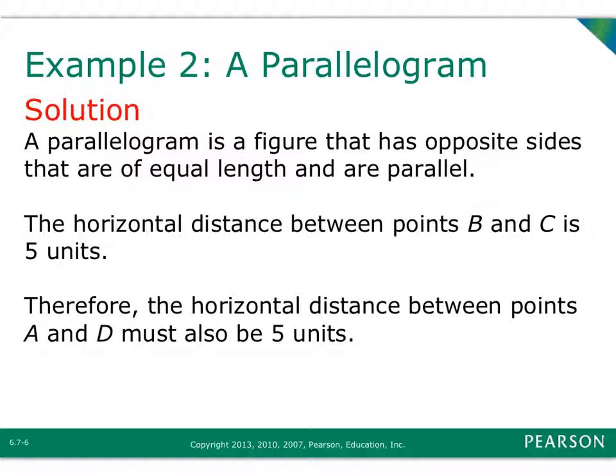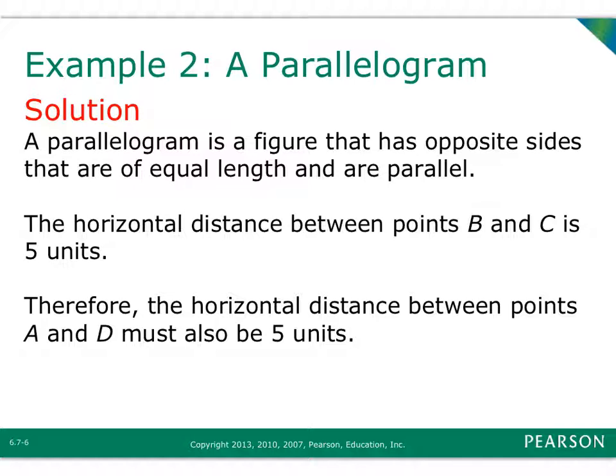So our solution is the following. A parallelogram is a figure that has opposite sides that are of equal length and are parallel. The horizontal distance between points B and C is 5 units. Therefore, the horizontal distance between the points A and D must also be 5 units. The question comes, why is the horizontal distance between B and C 5 units?